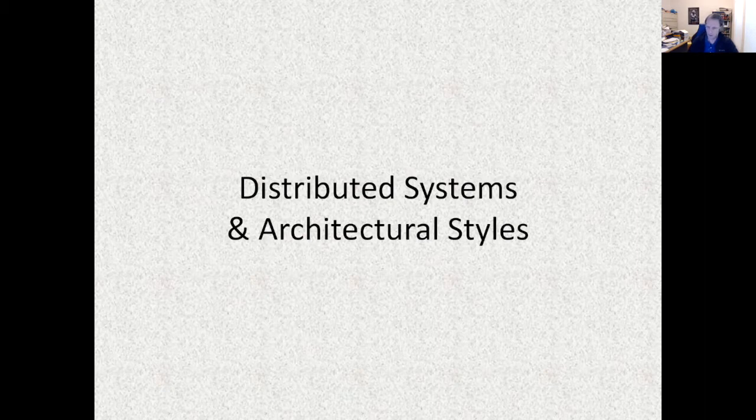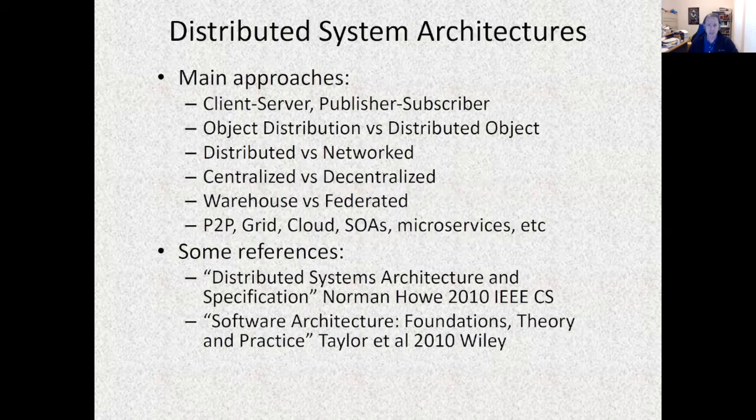All right, let me move on to a section about distributed systems and architectural styles. We'll try to move quickly so that we can have at least some time for Q&A. For those of you who are familiar with distributed systems, there are a variety of different approaches, which I've listed here. I encourage you to consult the textbook of your choice.